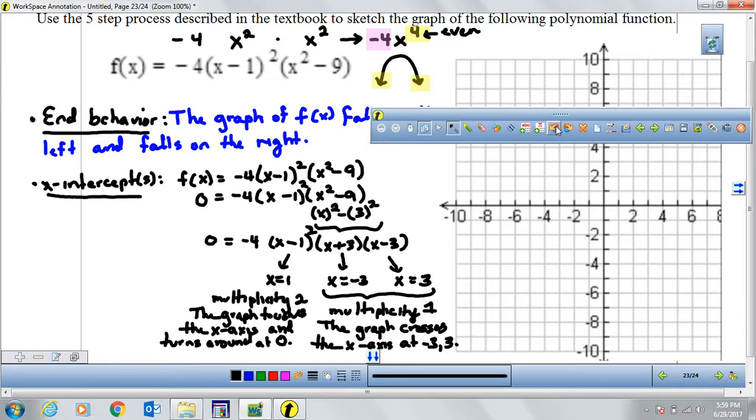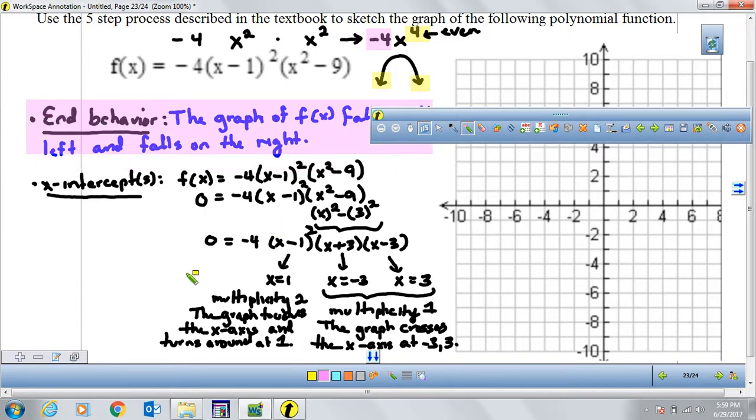It touches the x-axis and turns around at 1. And these are the zeros and their multiplicities. So we've got 2 answers so far.